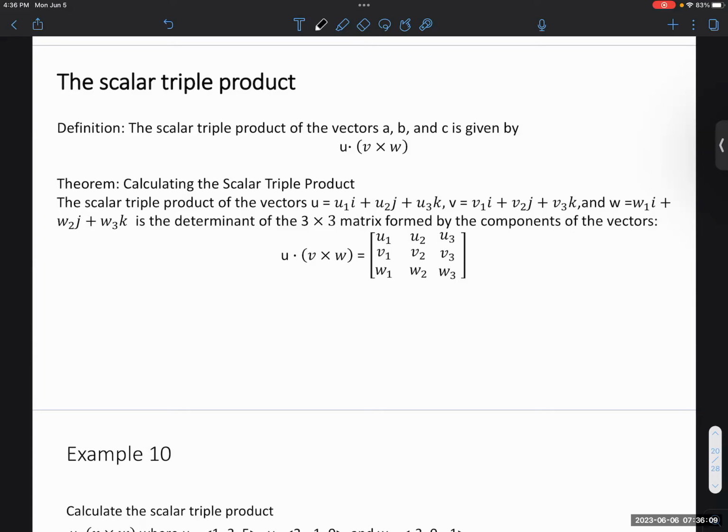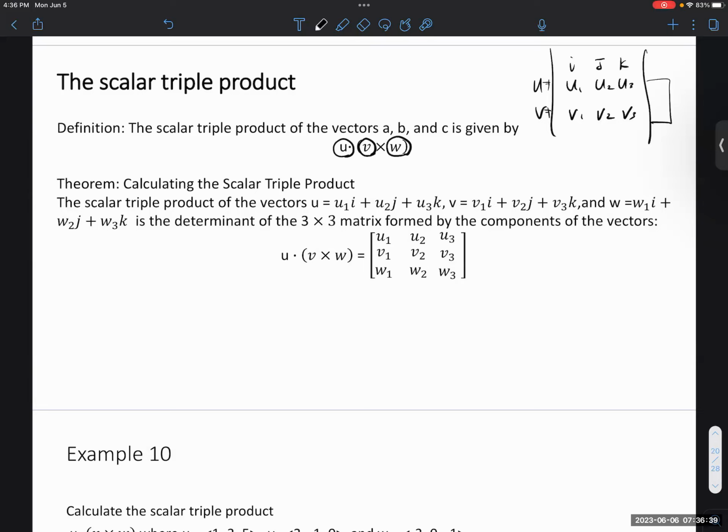So if you have 3 vectors U, V, W, and you want to find the product of those 3. When you have 2 vectors, we use IJK. Right? And if you have a U vector, U1, U2, U3, and a V vector, V1, V2, V3, we were able to find the cross product of those 2 vectors.